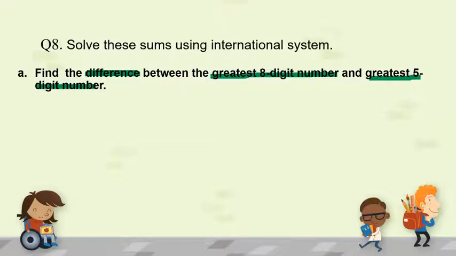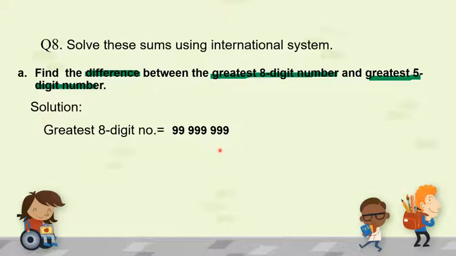So first of all, the greatest 8-digit number. I have told you this earlier, that for calculation of the greatest number, it must be an 8-digit number, so we will write 99,999,999, means 8 times 9 will be there, and the greatest 5-digit number will be 99,999.